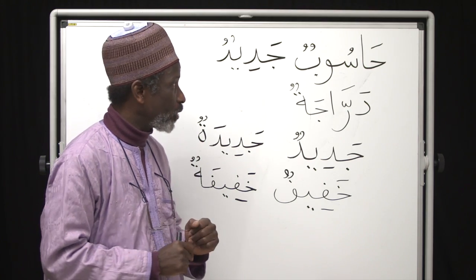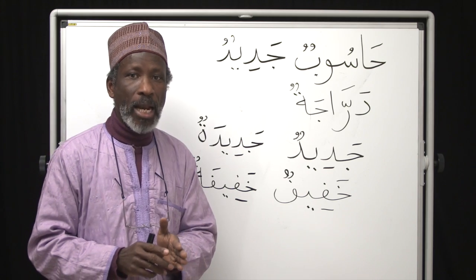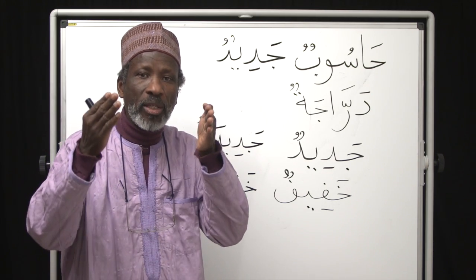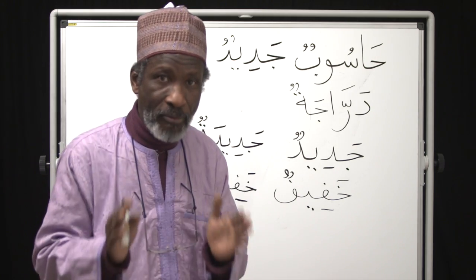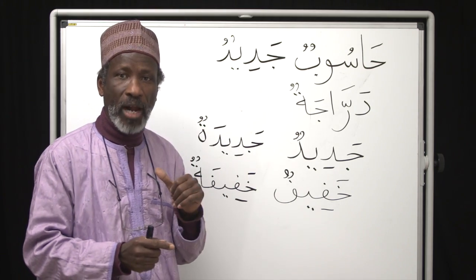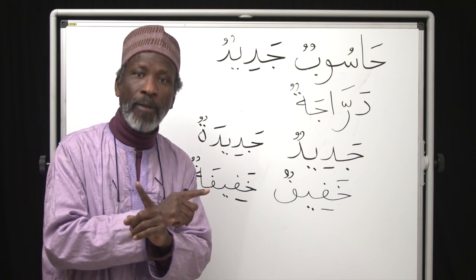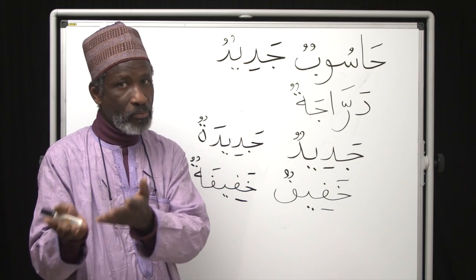So when you want to describe an object or a noun in Arabic, you start with the object or noun that you wish to describe first. Then you describe it. It's opposite to English. English starts with the description. You will say a new and then computer.